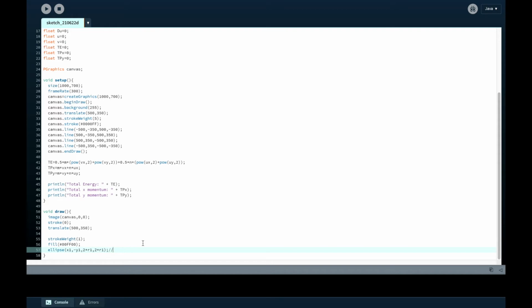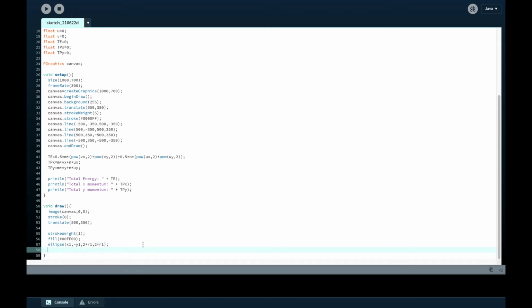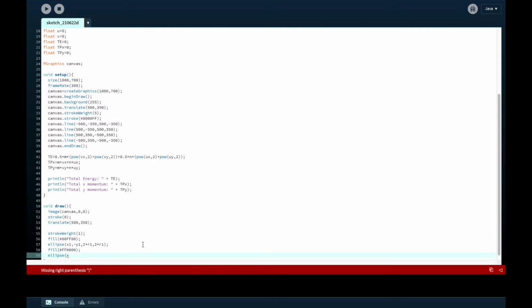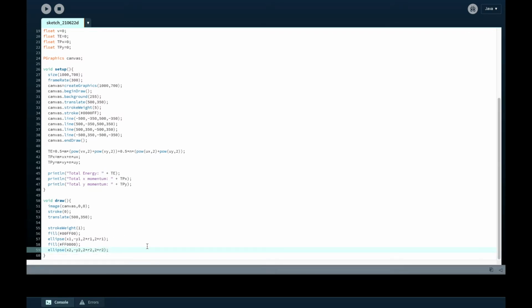And also again for the second object, I'm going to use red, so ff0000, and make an ellipse that has a coordinate of x2, minus y2, and 2 times r2 by 2 times r2, r2 being the radius of my second object.